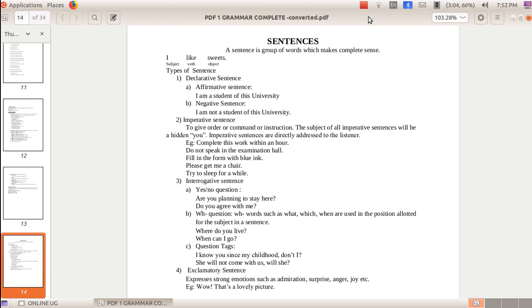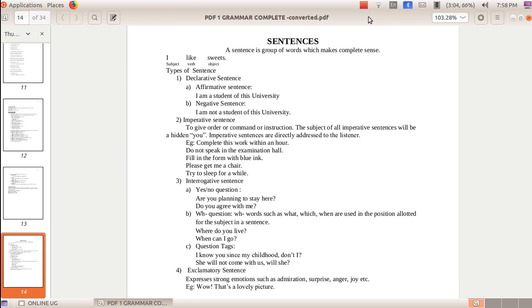And the fourth and final type is exclamatory sentences. Exclamatory sentences express strong emotions such as admiration, surprise, anger, joy, love, passion, all these sudden feelings.